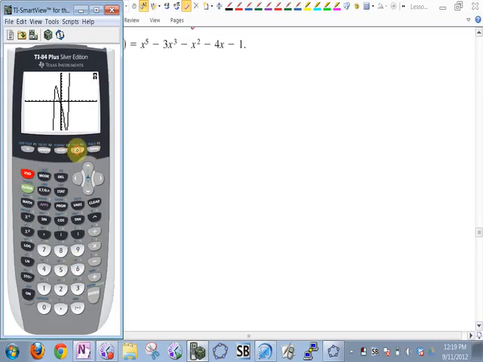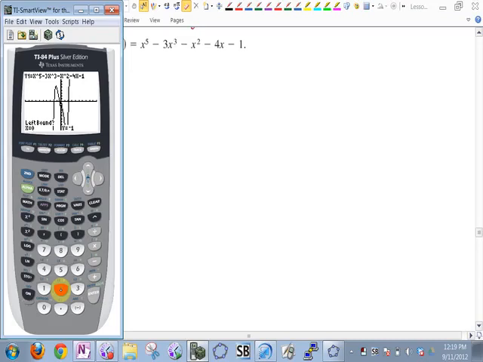So if we were to do second calc, 0, the second option there, we can actually have the calculator find the 0 for us. It's going to ask you 3 questions: left bound, right bound, and guess. For left bound, you want to make sure you enter in a number that is definitely to the left of that x-intercept.